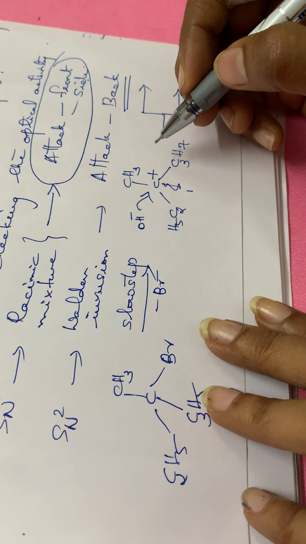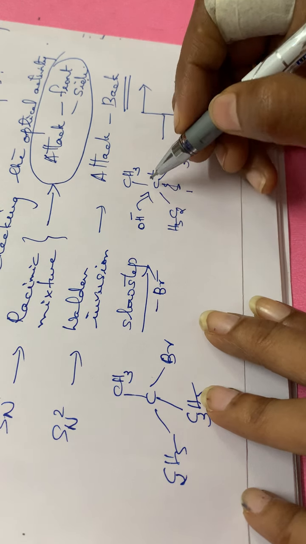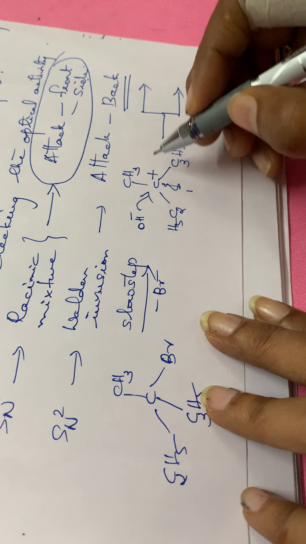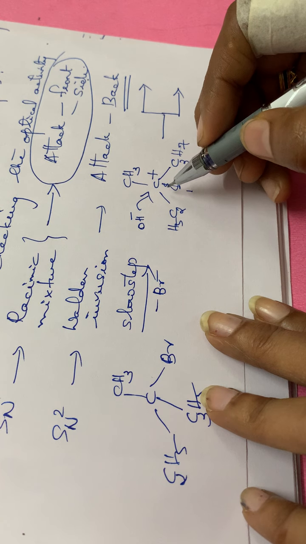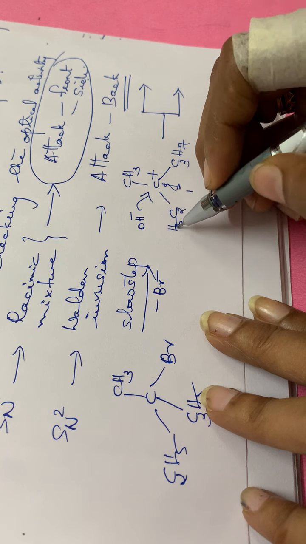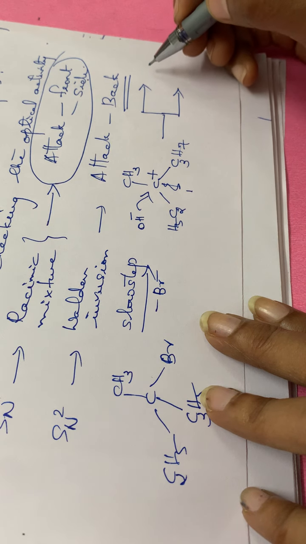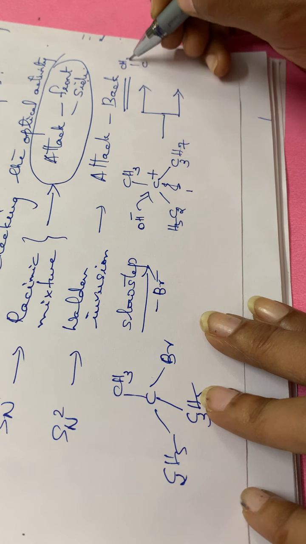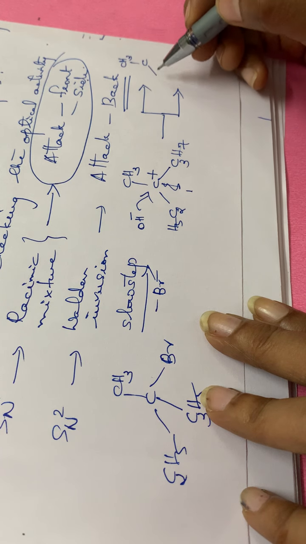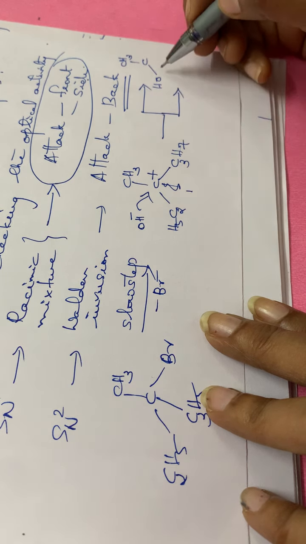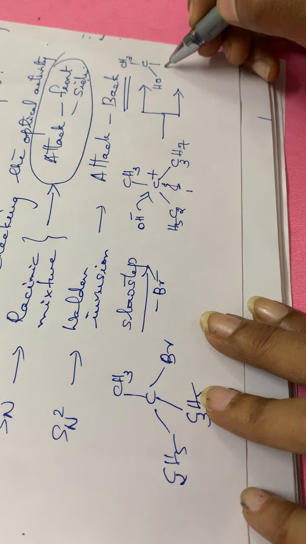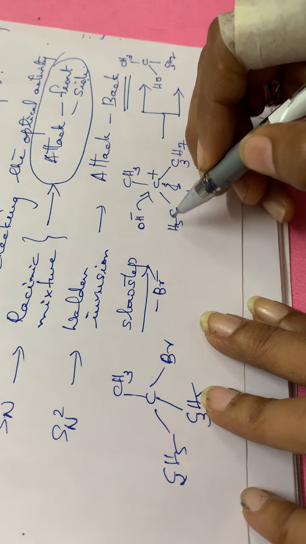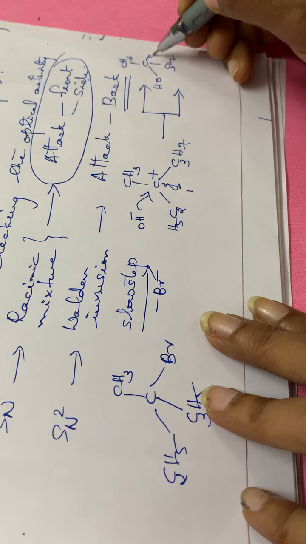So first I will be writing the attack of OH minus from the back side. What happens? An inversion of configuration, just like the opening of an umbrella, that is, this C2H5 will be going to the other side. So the product will be like this: CH3, then OH, which is from the back side, then C3H7, and the C2H5 will go to the other side.